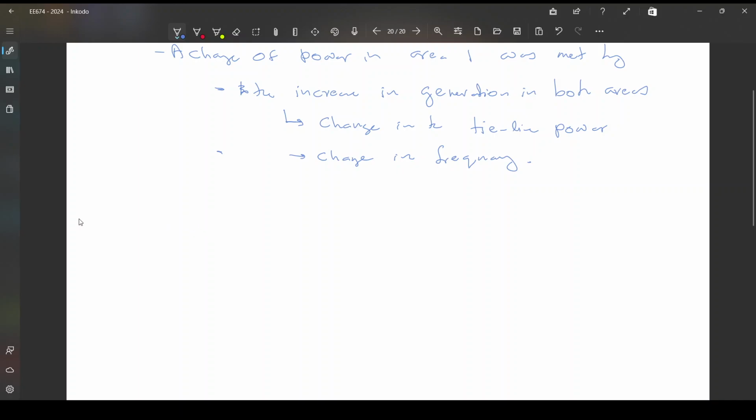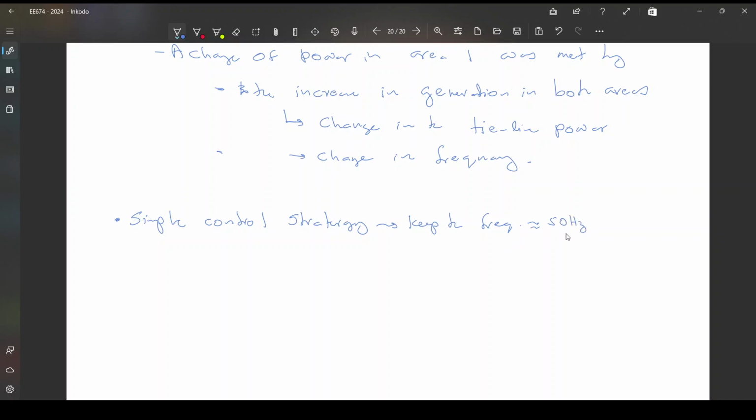So it is a very simple control strategy, in order to keep the frequency very close to 50 hertz.